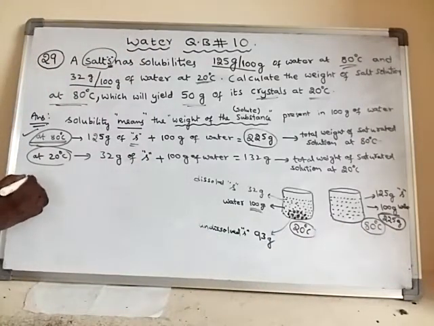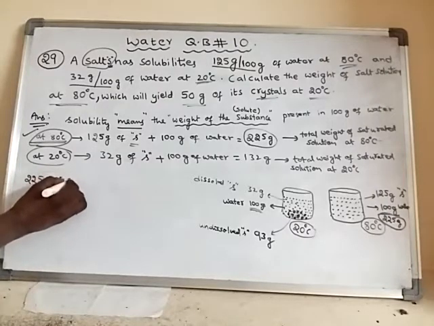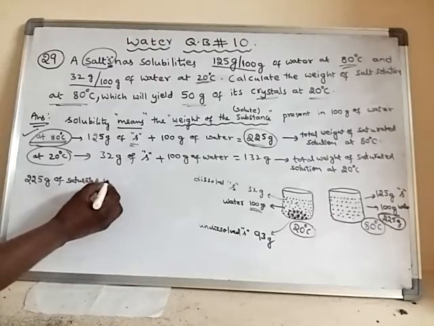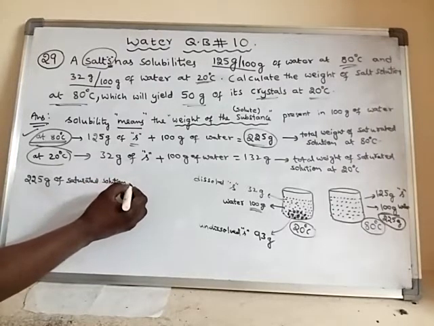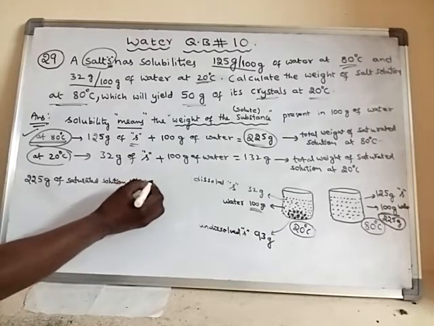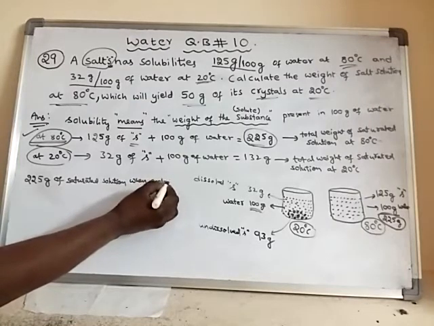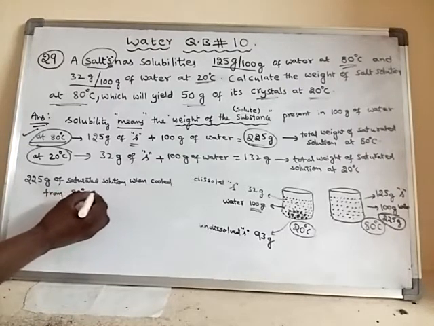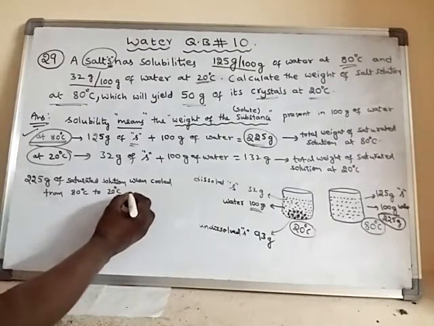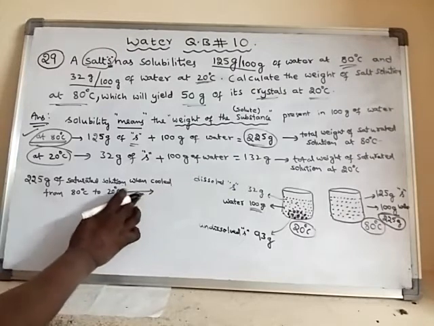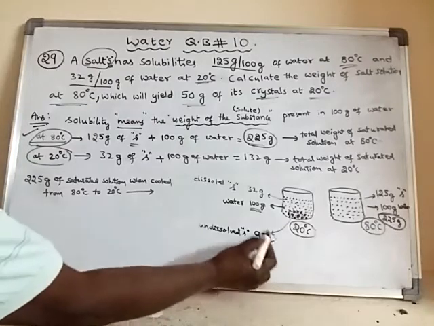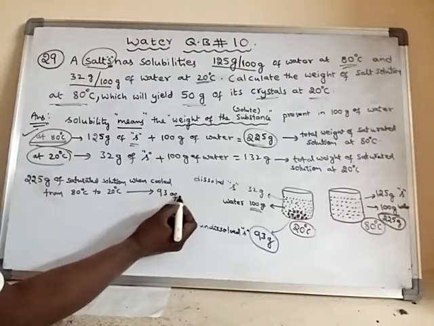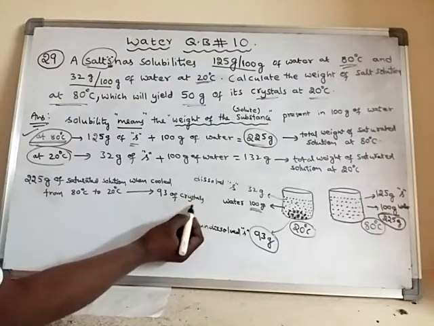Sorry, 225 grams of saturated solution, when cooled from 80 degrees centigrade to 20 degrees centigrade, gives how much? 93 grams of salt in the form of crystals. Gives 93 grams of crystals of salt.